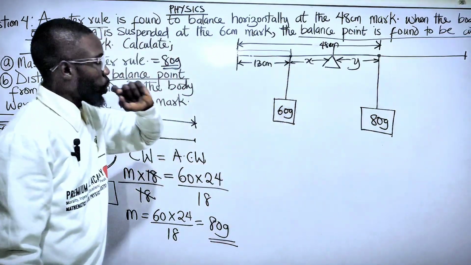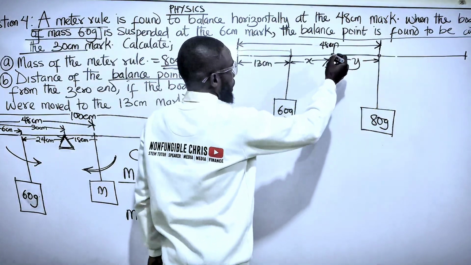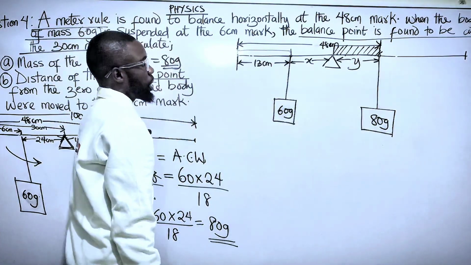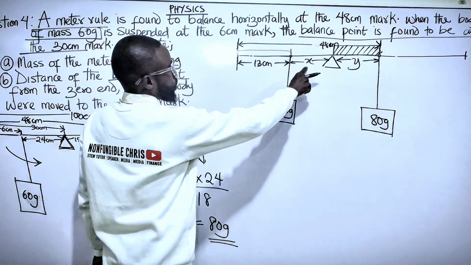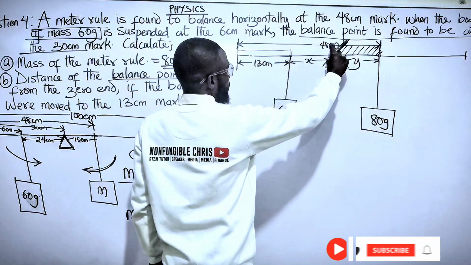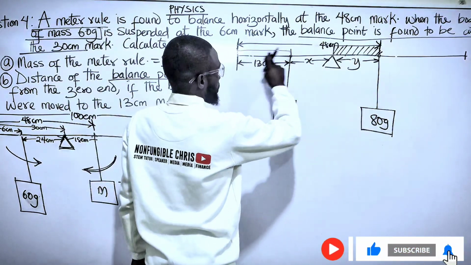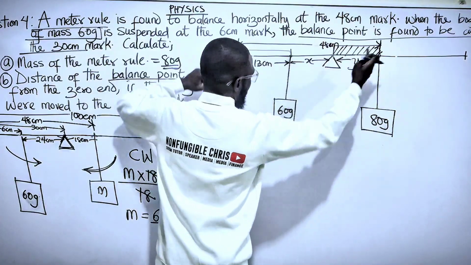But then for us to get y, what we need to do is, for this length y, it will be 48 minus the sum of this plus this. Are we making sense? To get here will be 48 minus the sum of this plus this, right? 48 minus this will get here.